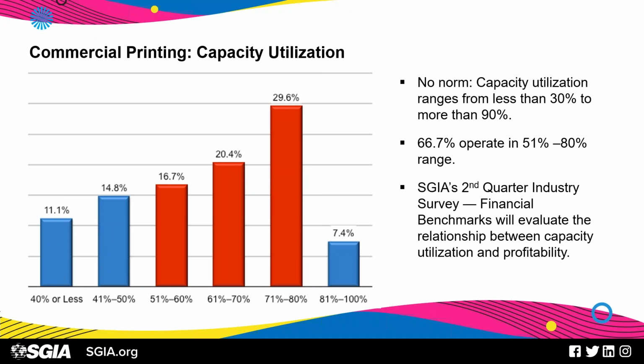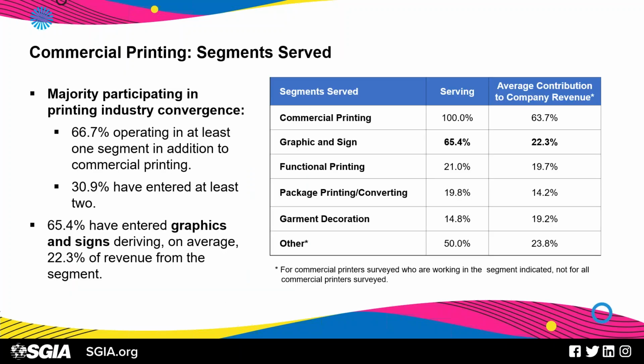And how efficient overall is the company? As Olga mentioned, we're currently conducting a very important financial benchmark survey, and that survey is investigating the relationship between capacity utilization and profitability.